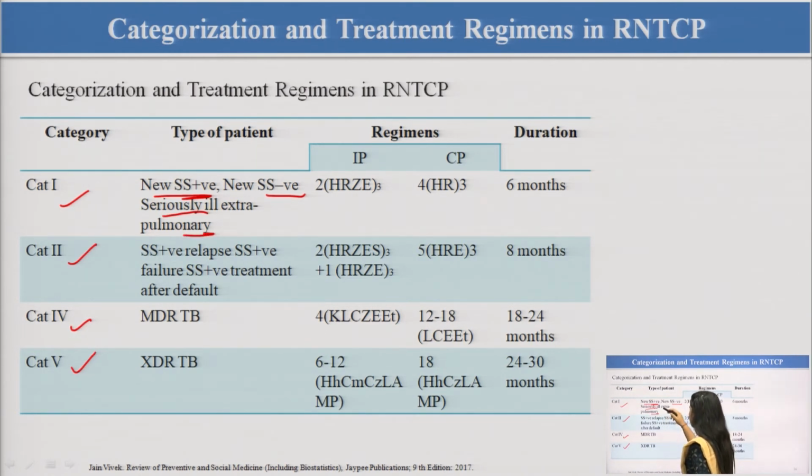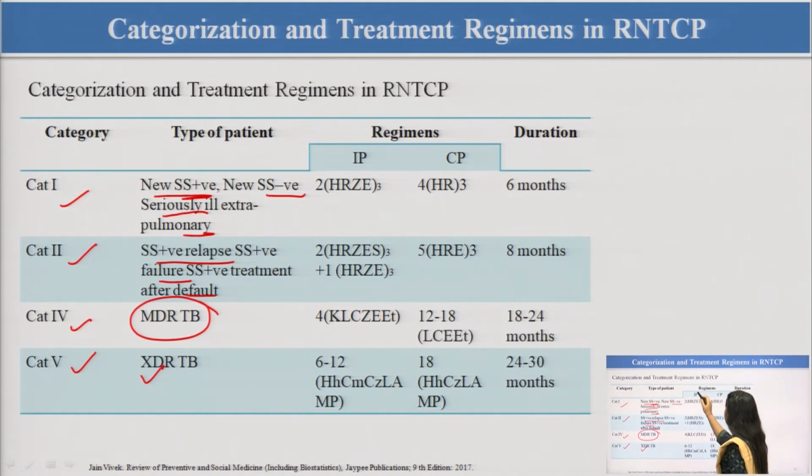Even though they are sputum negative, for seriously ill extrapulmonary patients we are also treating with these anti-tubercular drugs. Category 2 means the relapse cases, where the patient is cured and after many years the infection revives, and there are some failure cases and some defaulters who skipped the drugs. For those cases we have a different therapy. Then category 4 is MDR TB, multi-drug resistant TB, and extensively drug resistant TB.